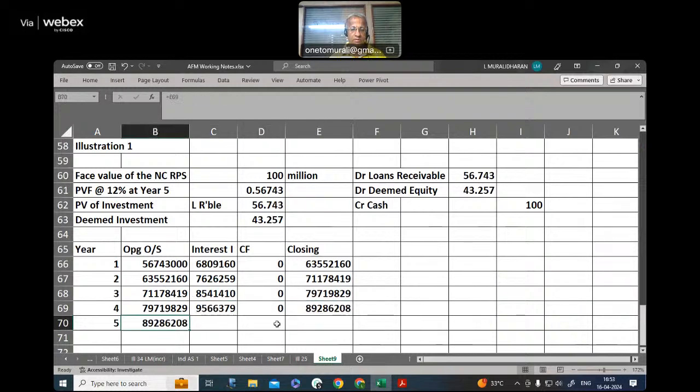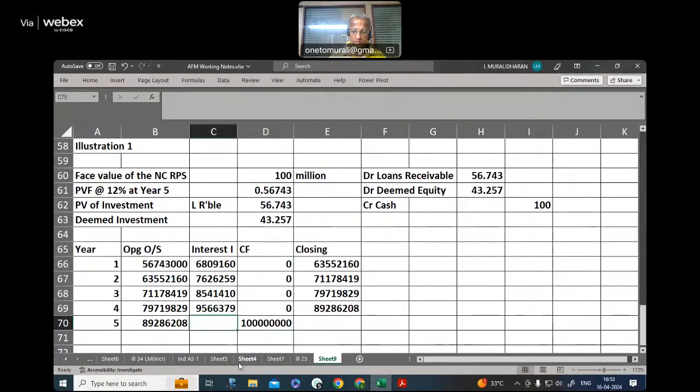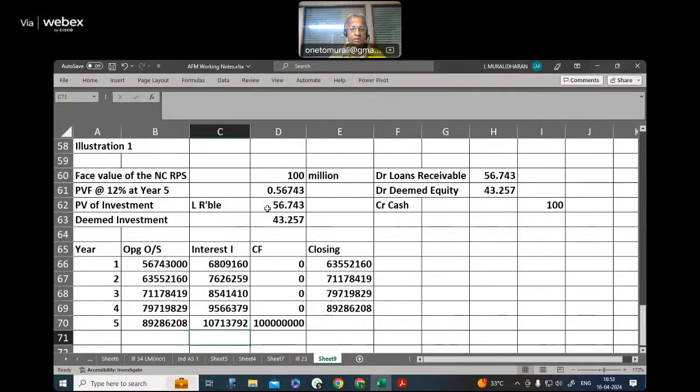So here, this is going to be 100 million. This one is the difference between those two. This is going to be taken up as 0.